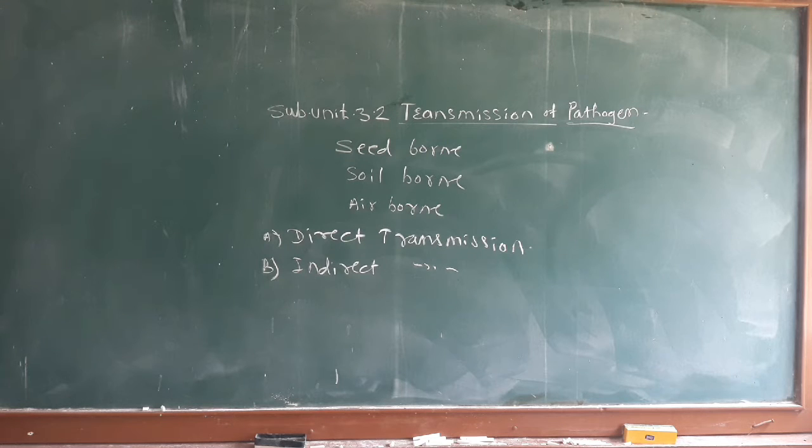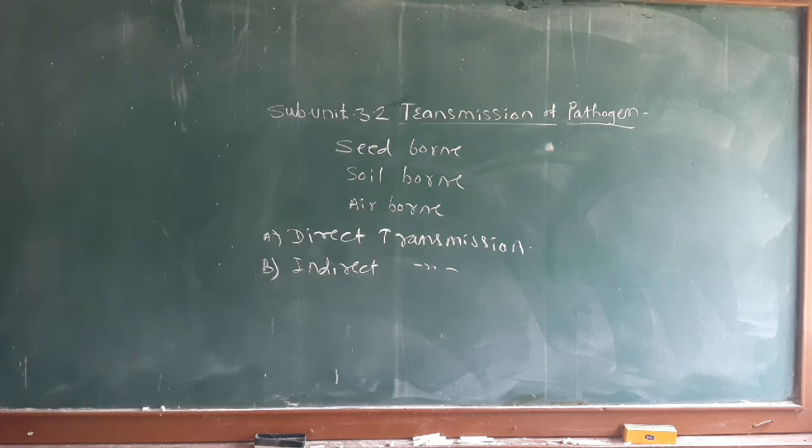The transmission can take place by various ways. Anemochory is the transmission which takes place through the wind. Then hydrochory, hydro means water and chory means transmission. Here the dispersal of plant pathogen takes place through the water, it is called hydrochory.